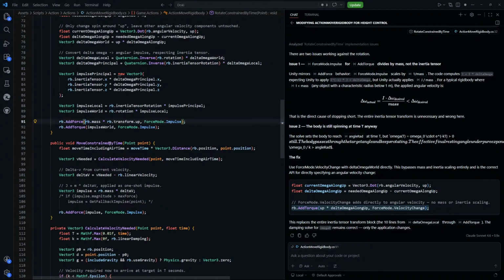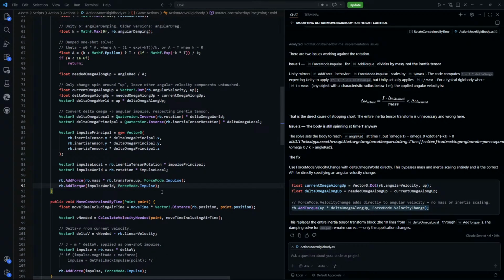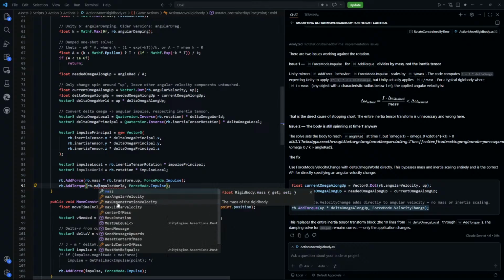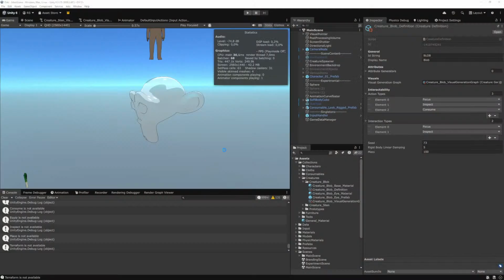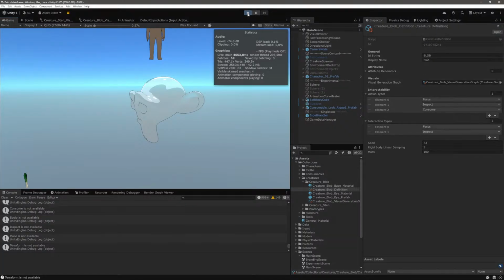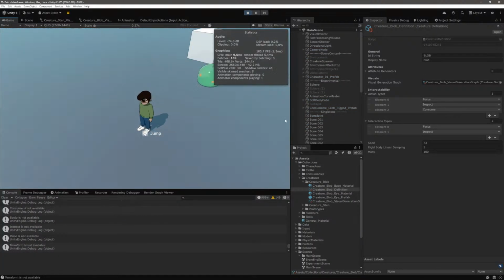Let's just do RB mass. That's a little bit too small of a jump.